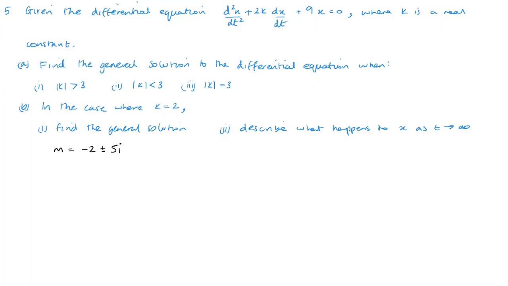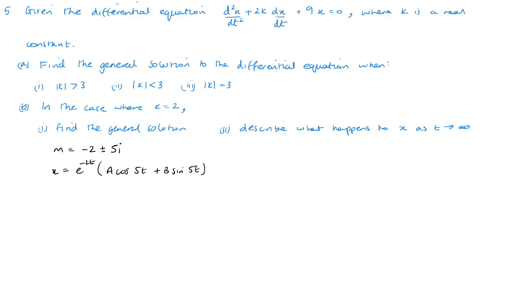I haven't bothered with any more working out because it's just from part A. So x is equal to e to the minus 2t, a cos 5t plus b sine 5t.